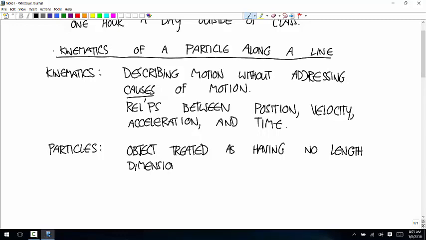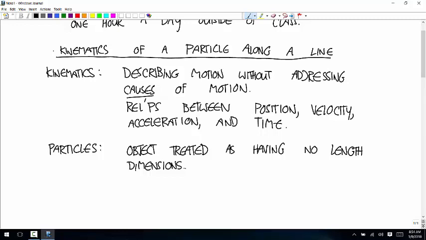But if you think about what it means for an object to, if you say an object is facing towards the door, what does that mean? If I'm facing towards the door, it means one part of me, the face part, is in the direction of the door, and the back of me is facing opposite the door.